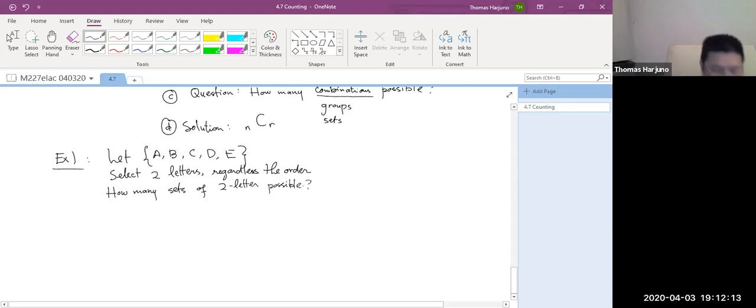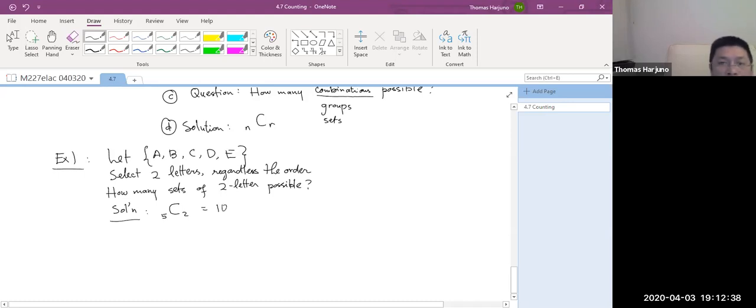Now, according to our discussion earlier, the solution here will be 5, because there are 5 letters, and we need to select 2 of them. How many different groups of 2 possible? There will be 5 combination 2, which when we use our calculator, that will be 10.